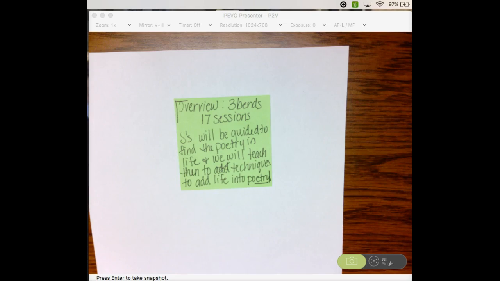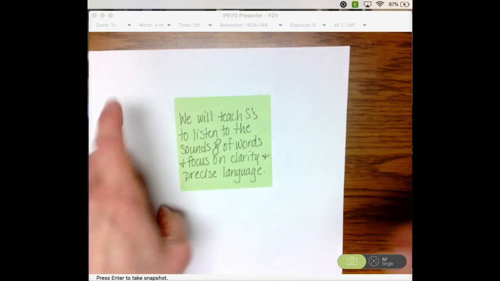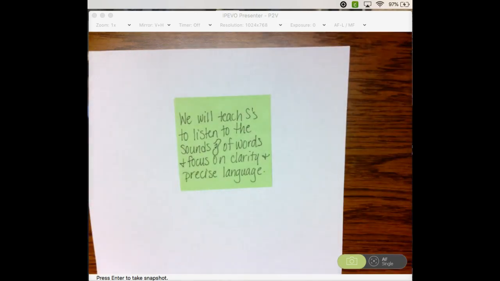They're going to be guided to find poetry in life. So just looking at objects and seeing how they could be told through a poet's eyes. So we're going to teach them different techniques to add life into their poetry. We're going to also teach them how to listen to the sounds of words and focus on clarity and precise language.